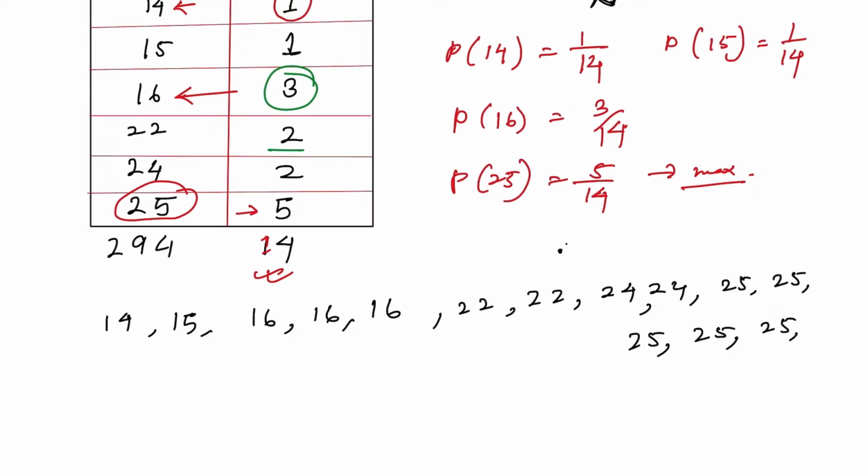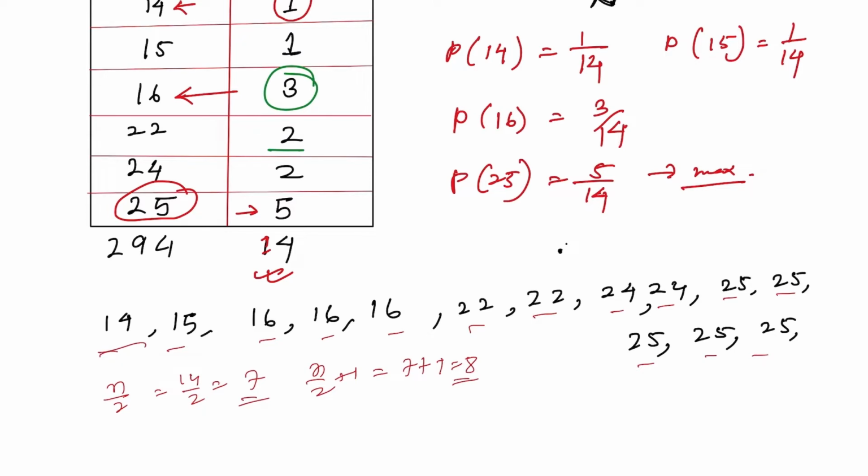Okay, so which one is the middlemost? 1 2 3 4 5 6 7 8 9 10 11 12 13 14. So the middlemost will be n by 2, that is 14 by 2, that is 7, and n by 2 plus 1, that is 7 plus 1, that is 8.